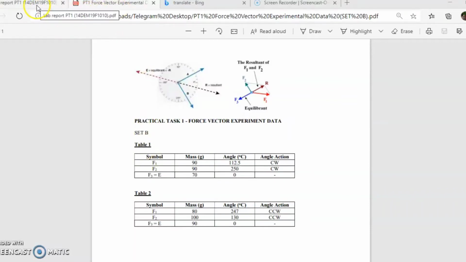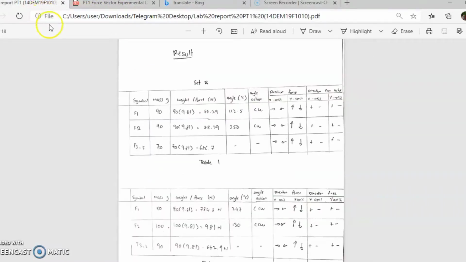Next, we go to the result. On the table result, we use it to search the value of the weight and we show the direction of force.